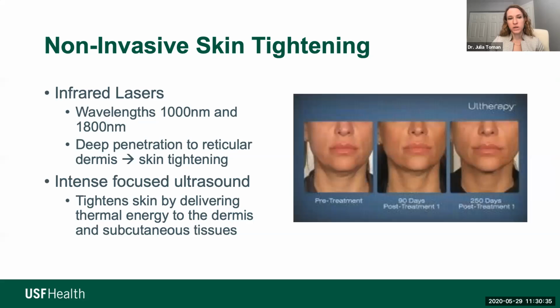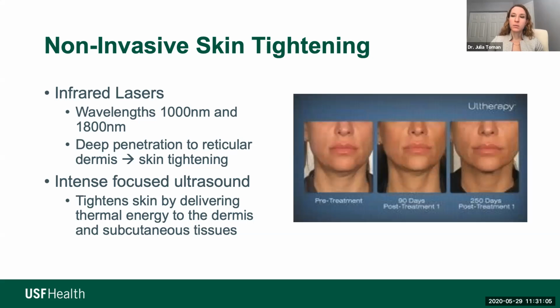Some other options with similar ideas are the use of infrared lasers in the wavelengths of 1,000 nanometers to 1,800 nanometers. These again have a deeper penetration into the reticular dermis where the collagen level is, and in remodeling the collagen and tightening the collagen, you get resultant skin tightening. And then the intense focused ultrasound with Ulthera, you get tightening of the skin due to delivery of thermal energy again into the dermis and subcutaneous tissues.